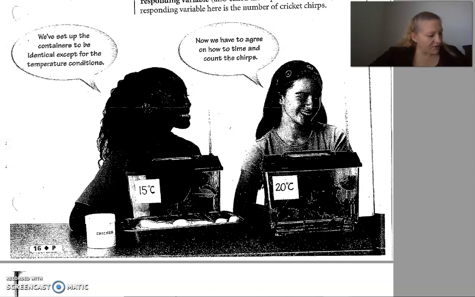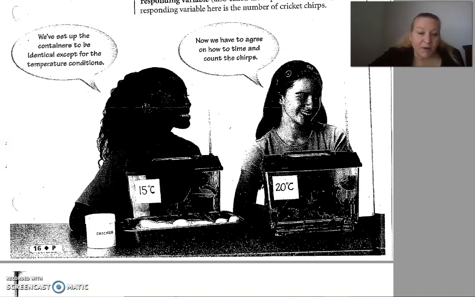I want to talk about what variables are. Okay, variables are something that can change in an experiment. What is the manipulated variable? That's the variable that changes on purpose during an experiment. That's the one that you are changing. The responding variable is the variable that changes in response to the changes that were made by the manipulated variable.